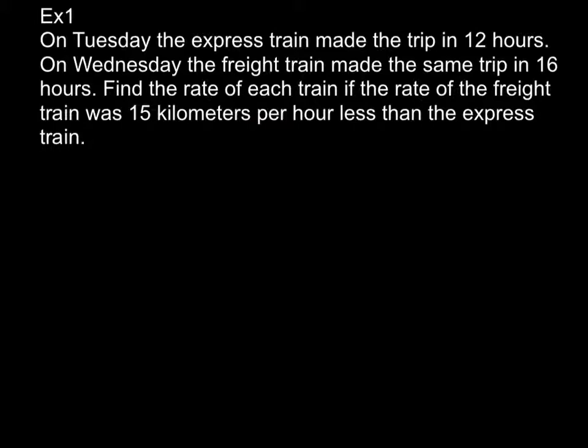Now, there's a lot of information in this, and what we're talking about is really the express train and the freight train. So we know that the distance the freight train went, and I'll use F, would be equal to the rate the freight train's going times how long the freight train does that.